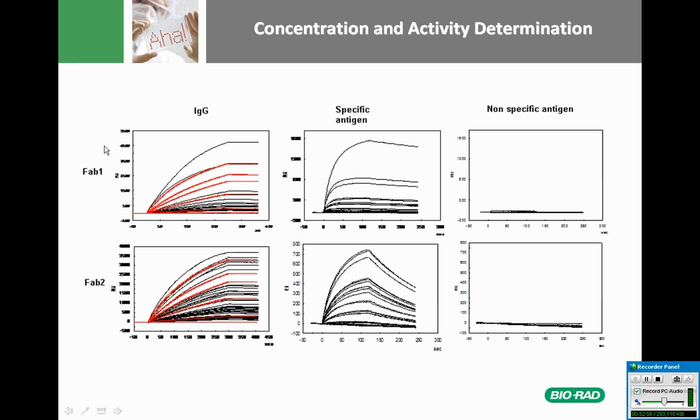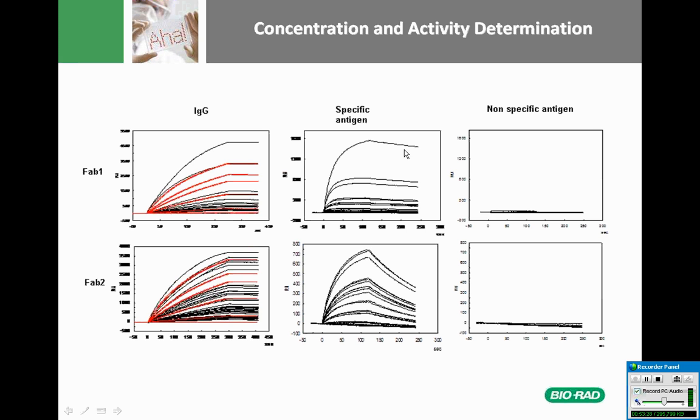You can see the upper graphs are for Fab1 and the lower ones are for Fab2. The upper left is Fab1, different IgGs, different immunoglobulins. The red curves are different concentrations of standard, so one can easily quantify the amount of immunoglobulin expressed by the cells.